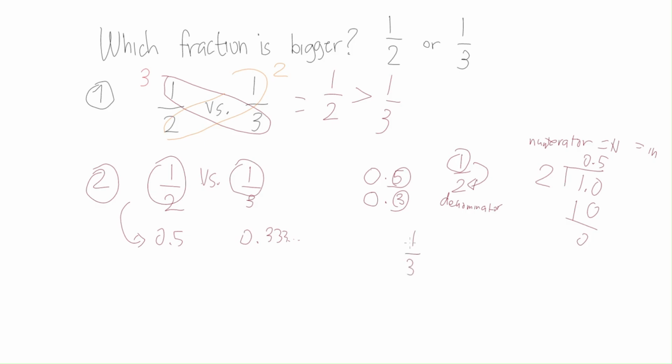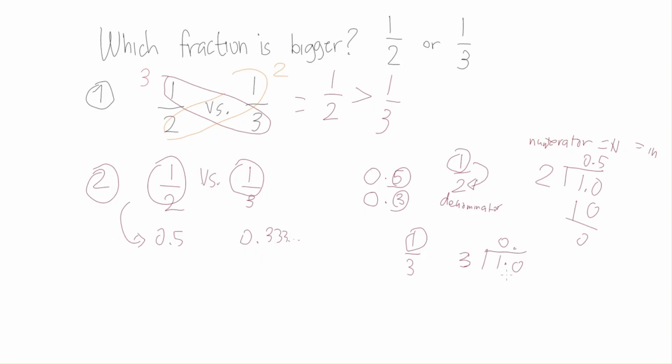Let's do 1/3. The numerator is inside, the denominator is outside. I'll rewrite that, I'm so sorry. So 1 divided by 3. How many 3's are in 1? There's 0. Then we have a decimal.